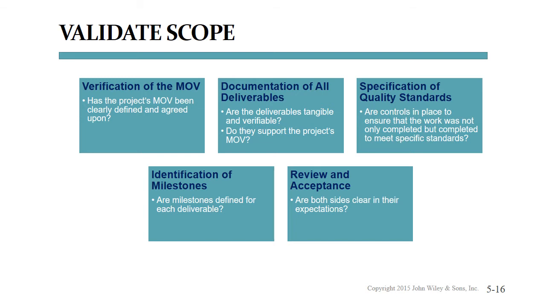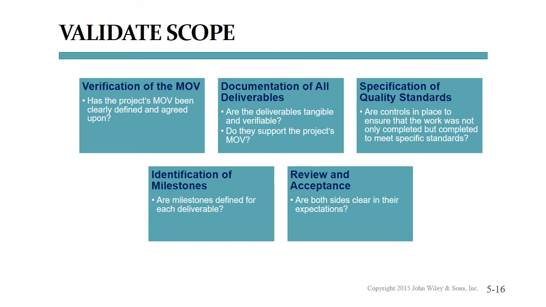This is where the validate scope process comes in at the end of our development process, because in order to determine whether we have built the right thing and we have fulfilled all of our scope items that we set out to build, we need to validate each one of these items.